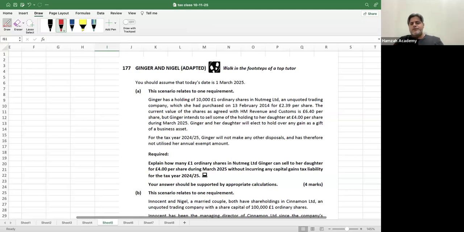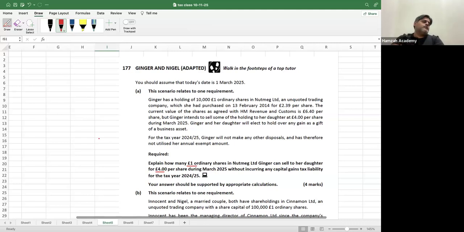For the tax year 24-25, Ginger will not make any other disposals and has therefore not utilized her annual exempt amount over here. Okay. Now, the requirement is explain how many £1 ordinary shares in Nutback Limited Ginger can sell to her daughter for 4 per share during March 2025 without incurring any capital gains tax liability for 24-25 over here, right? Your answer should be supported by the appropriate calculations over here.